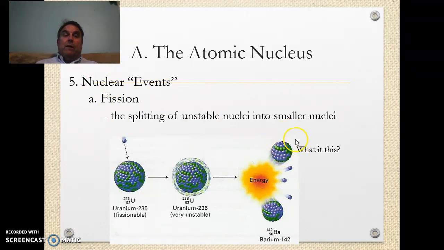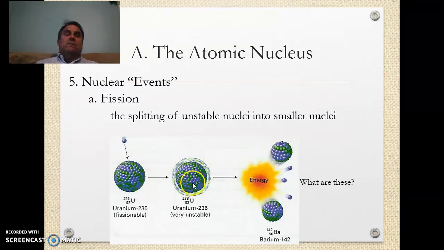I'm going to make you look it up. If you can't figure it out, ask me in class. And then what would these be? Well, these are additional neutrons. And these neutrons would then bombard this fissionable uranium into more of this, causing the chain reaction that occurs.